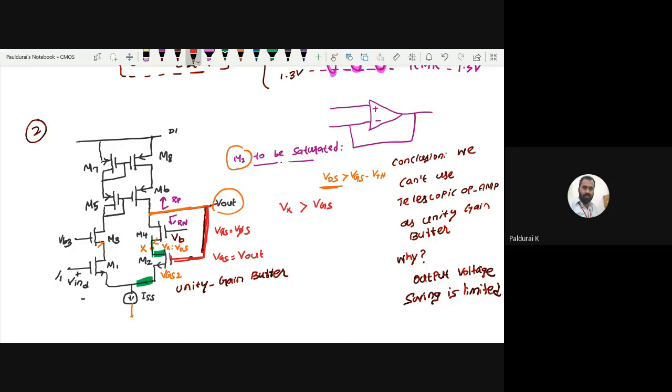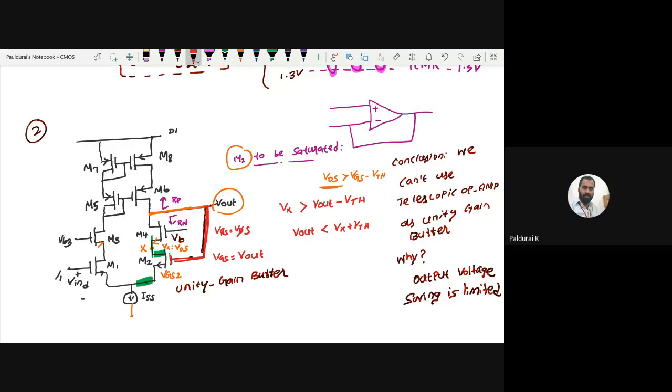So this VGS can be written as V out actually. So VGS minus VT, threshold voltage VTH. So this is the condition for M2 to be saturated: Vx is greater than V out minus VTH. From this, what is V out? V out is less than Vx plus Vth, correct?